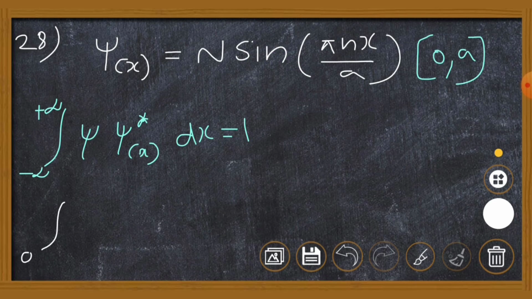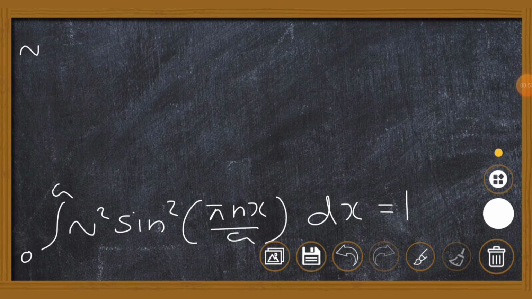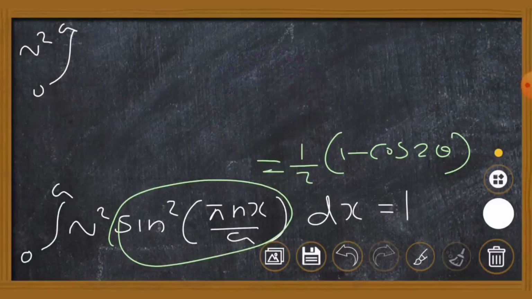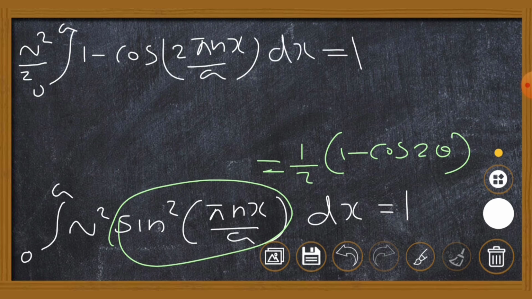Therefore integral 0 to A psi into psi star, n square sin square pi nx by A dx equal to 1. N square can be taken outside the integral 0 to A. We know sin square theta equal to half into 1 minus cos 2 theta. Therefore half can be taken outside, 1 minus cos 2 pi nx by A dx equal to 1.